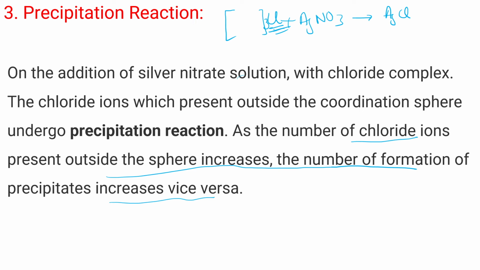Only those chloride ions present outside the coordination sphere will form precipitate, they will get ionized. Hence, he gave this theory of primary valency and secondary valency.